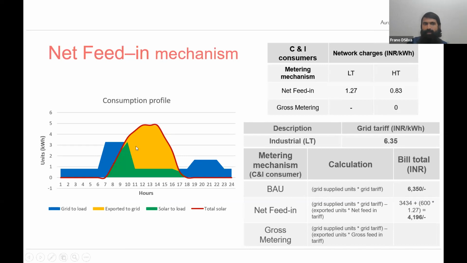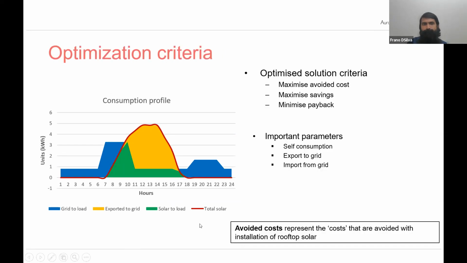So to go further, I would like to introduce the optimization criteria we have taken into consideration for the web tool to provide you with an optimized system capacity for your consumption profile and for the policy regulations in your location.